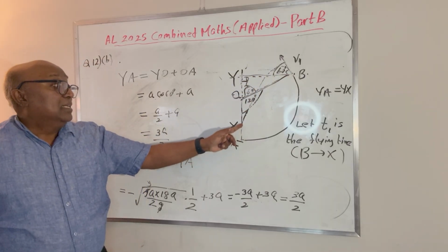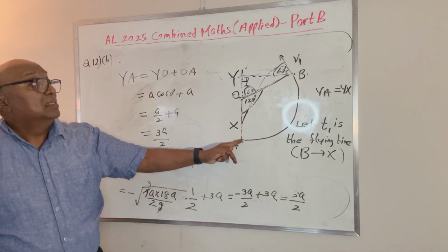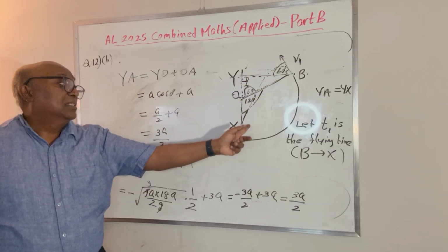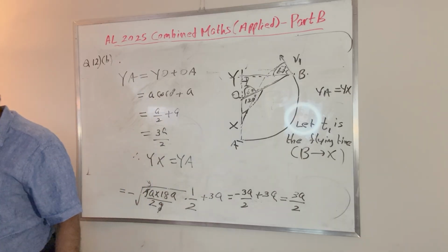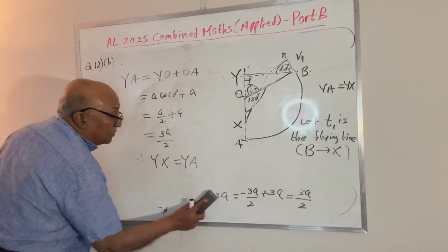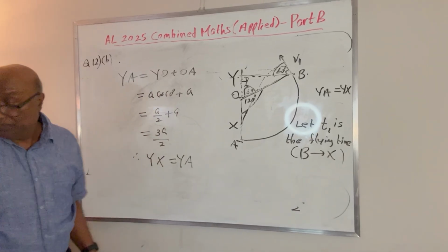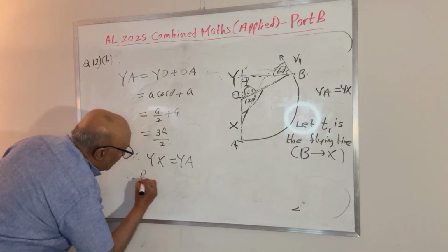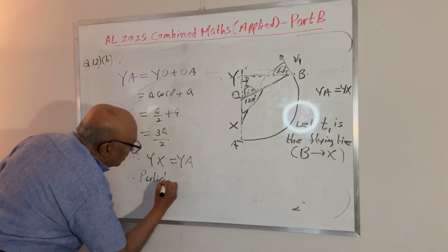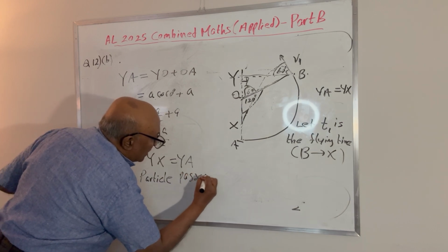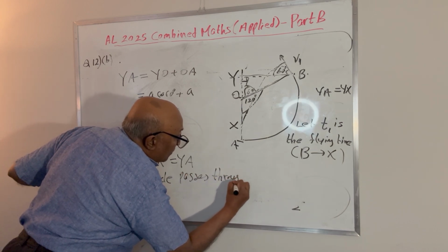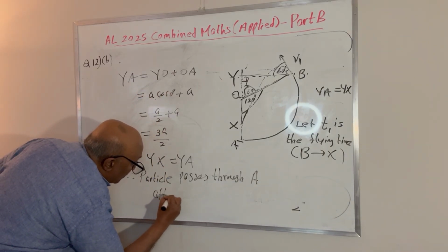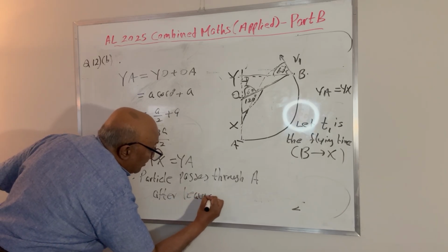That means x should coincide with A. That means after leaving the wire, the particle passes through point A. Therefore, the particle passes through point A after leaving the wire.